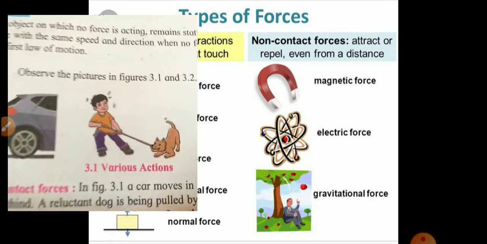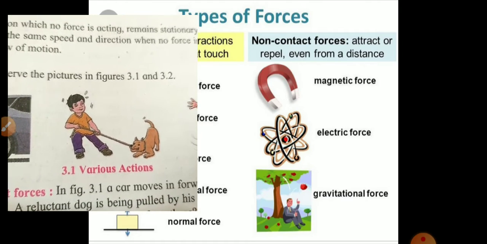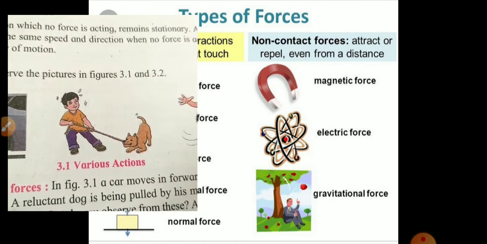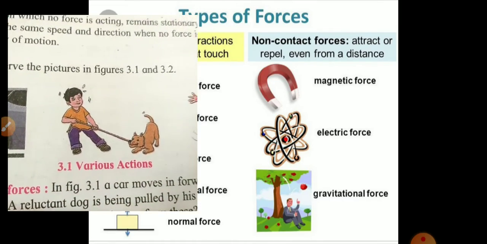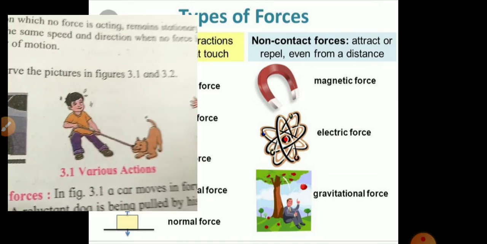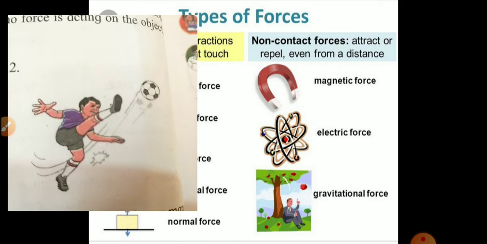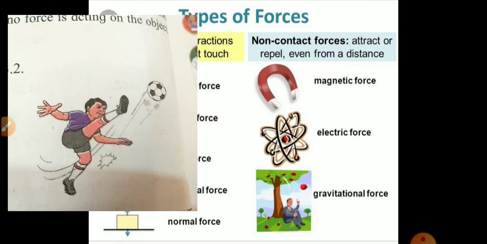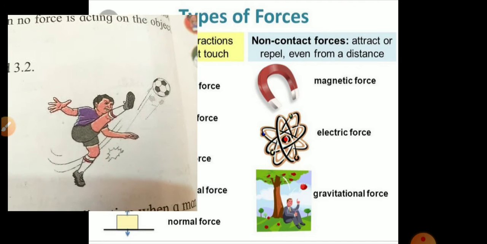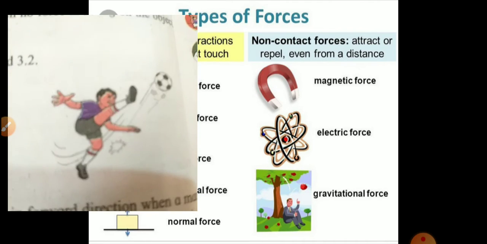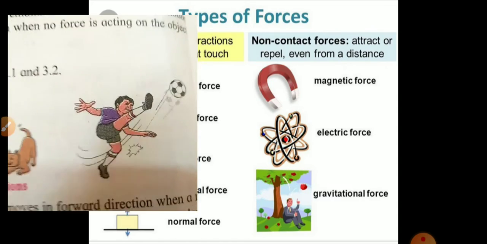Second picture, a boy is pulling a dog, applying force to pull, and then work is done. That is a muscular force. In the third case, a football player is kicking a football. Here also, with the help of the legs, muscular force is applied and the ball moves.